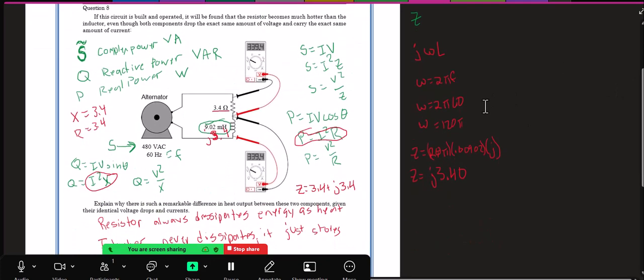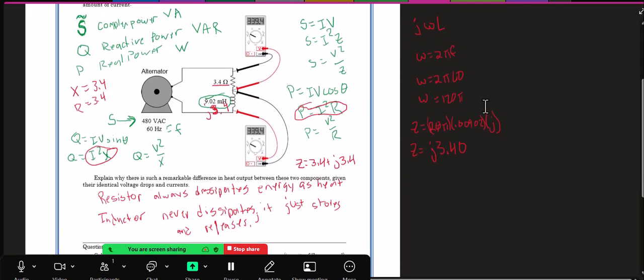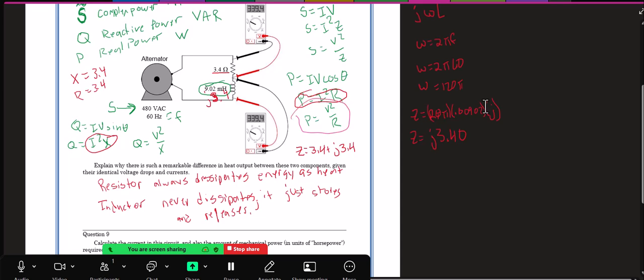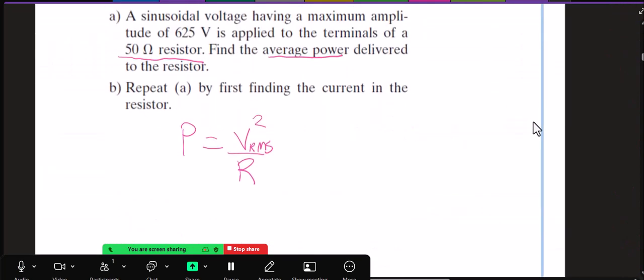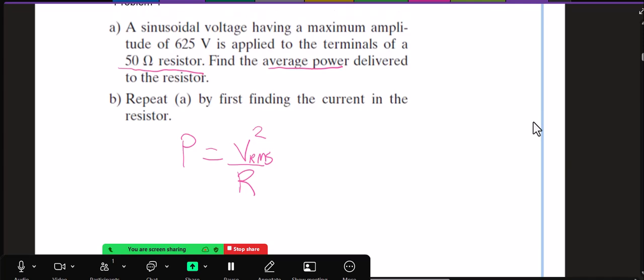Yeah, that's right here. Very neat. And that was RMS. Okay, so we have the voltage. Do we have the RMS voltage?